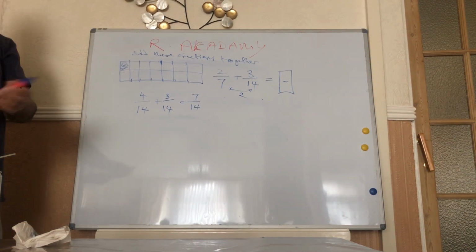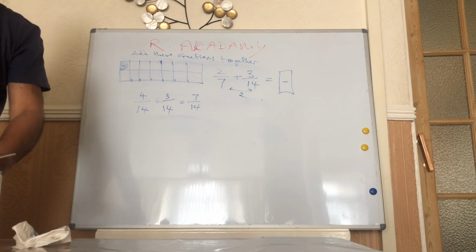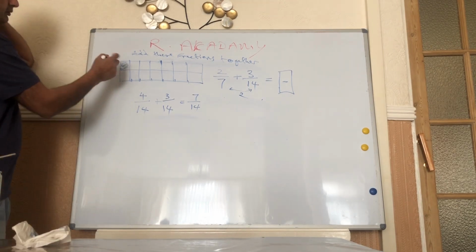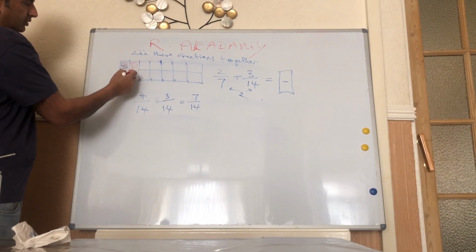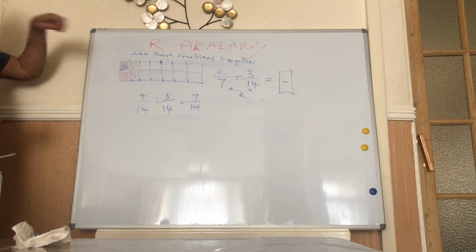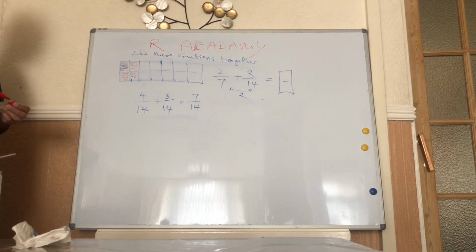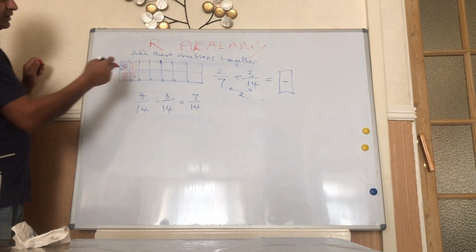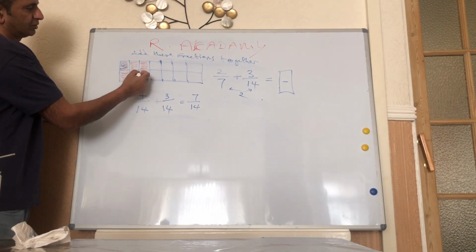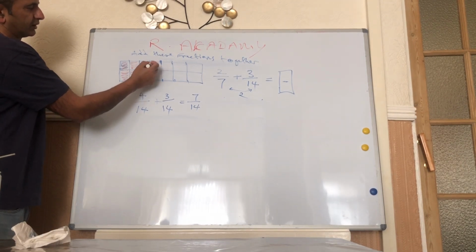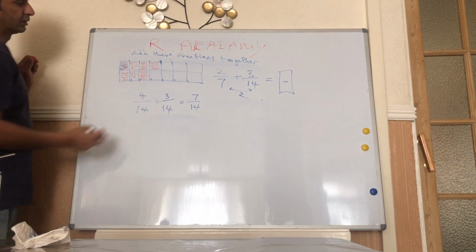So if we use the red one, so you can see it better. Okay? So you've got 1, 2, 3, 4. 4 chocolate squares, yes? Out of 14. And then plus another 3. So there's your 1, 2, 3. Okay?